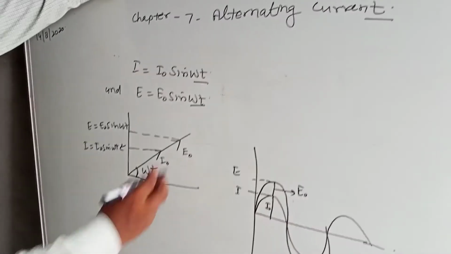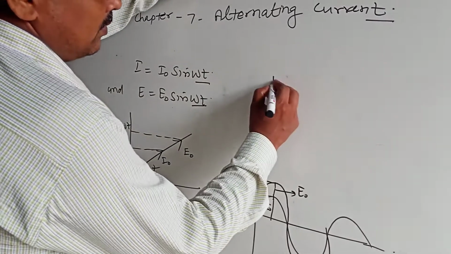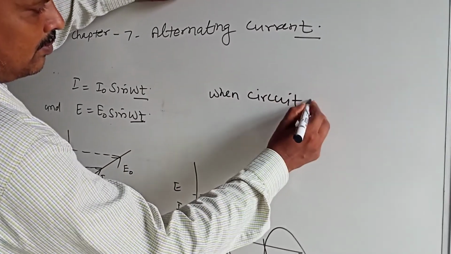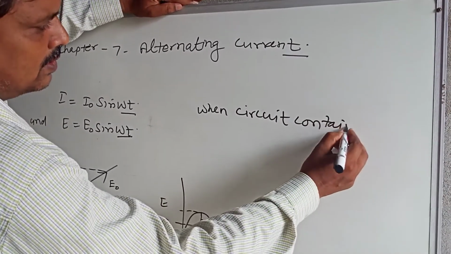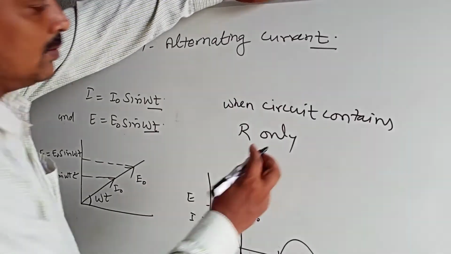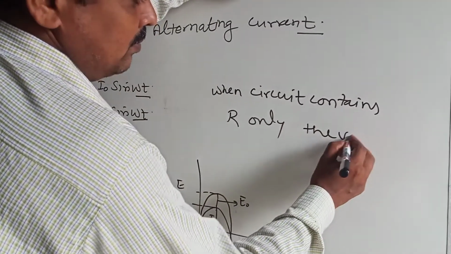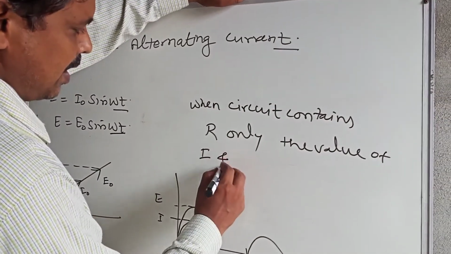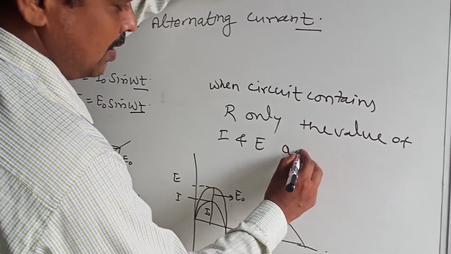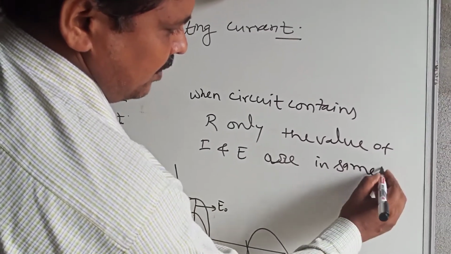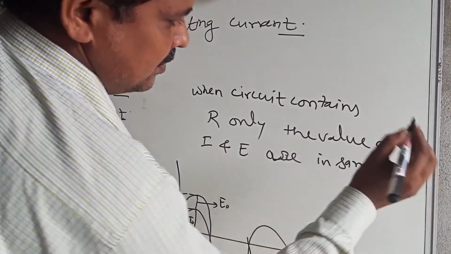Means in the circuit, when the circuit contains R only, the values of I and E are in the same phase.